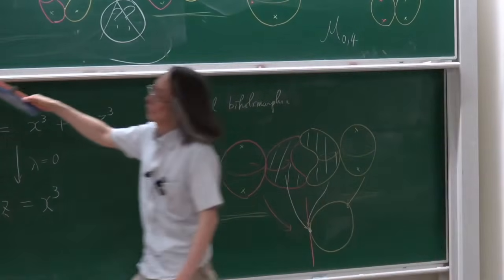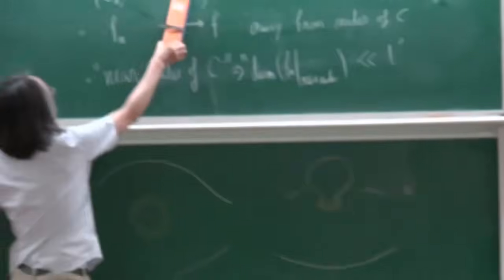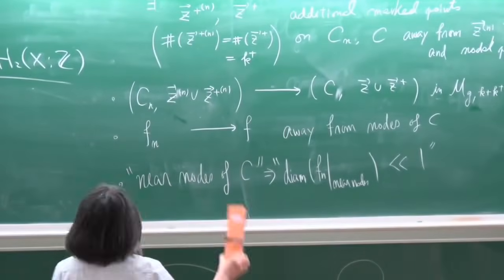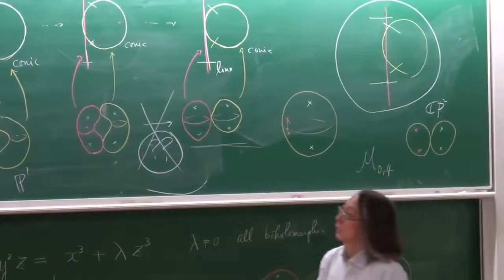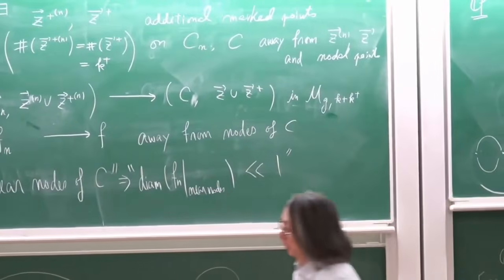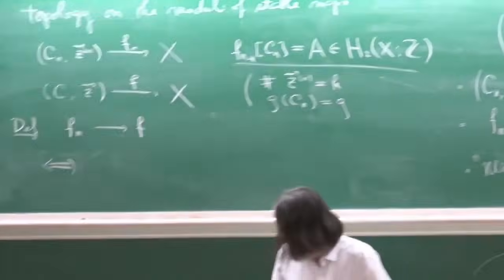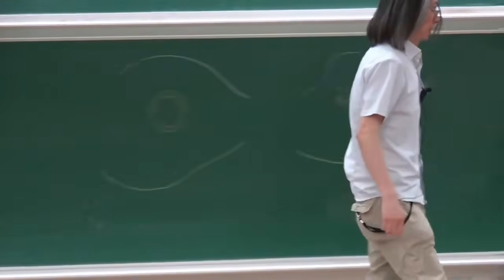I didn't really give you the precise definition of the convergence of this mapping, but I need these three things. I need to add more mark points. This is not just making the domain of the sequence stable, but also the domain of the target stable. And possibly more points are necessary, because when we have this bubbling phenomenon, we also handle this kind of component by adding mark points.